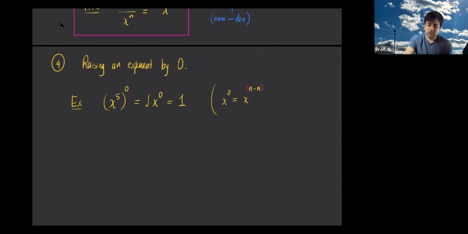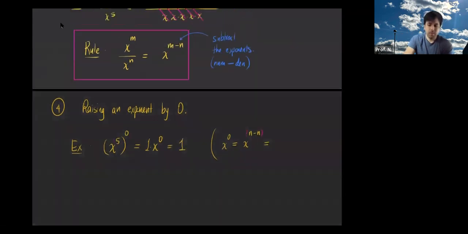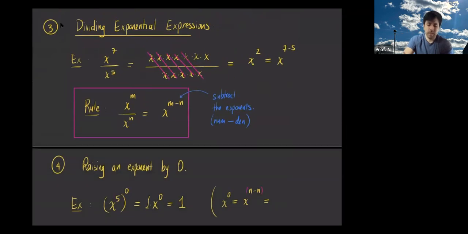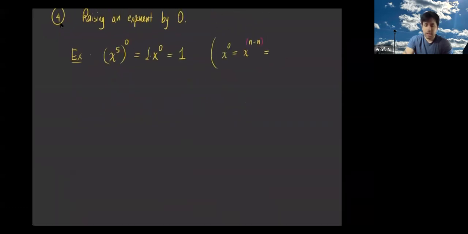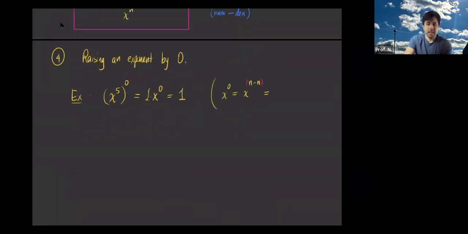Now, if that's true, based upon the rule we just established, if you subtract the exponents, it must have been a division of some sort, correct? So if I do x to the n minus n, isn't it also true that it's x to the n divided by x to the n? So far, so good. And then what do we know about anything divided by itself?